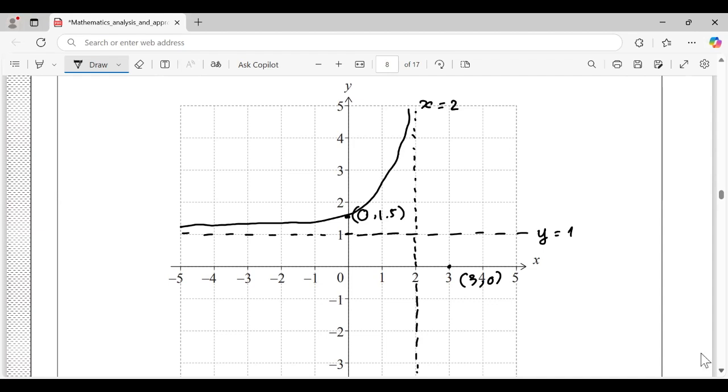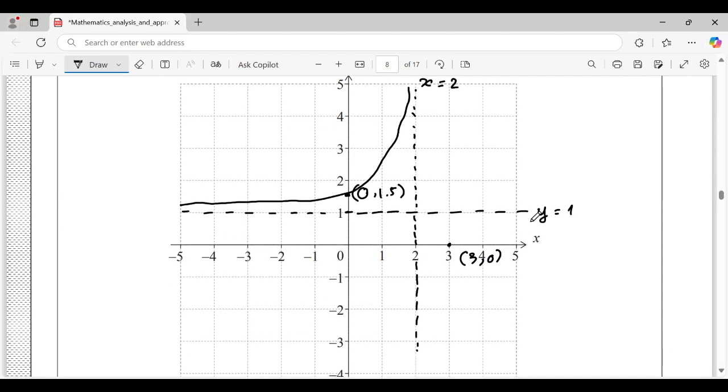And after that, another branch here goes through (3, 0). So this graph never has an intercept point with y equals 1, the horizontal asymptote, and x equals 2. That's the understanding of asymptote.